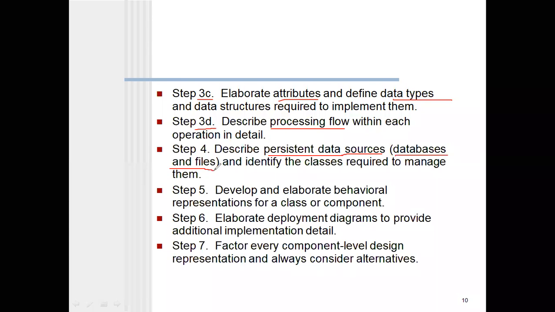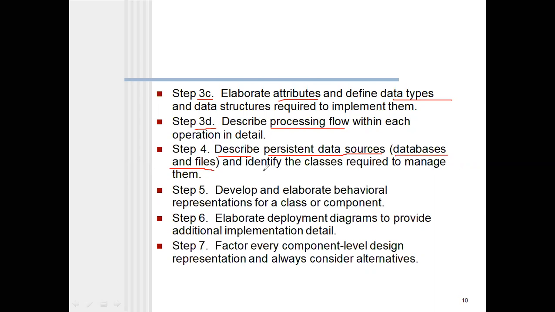How we are going to describe the databases, how many databases, what is the capacity of those databases. If you want to retrieve the data, how is it possible, if you want to store the data, how. Everything related to the storing of data for one project would be described in the design phase. That is the fourth step.